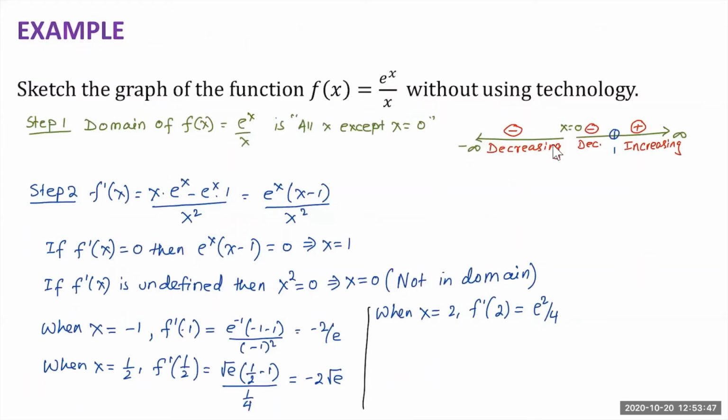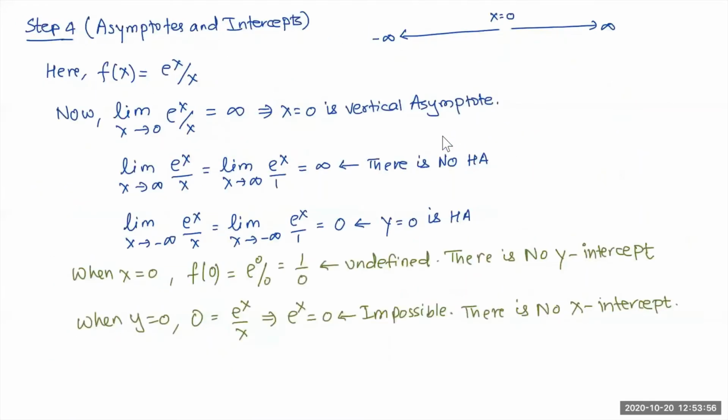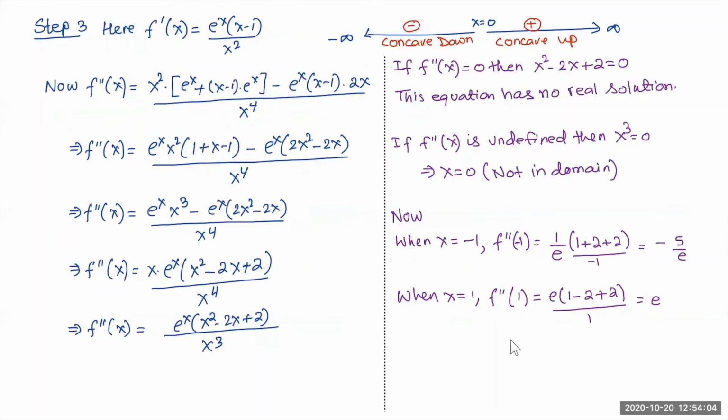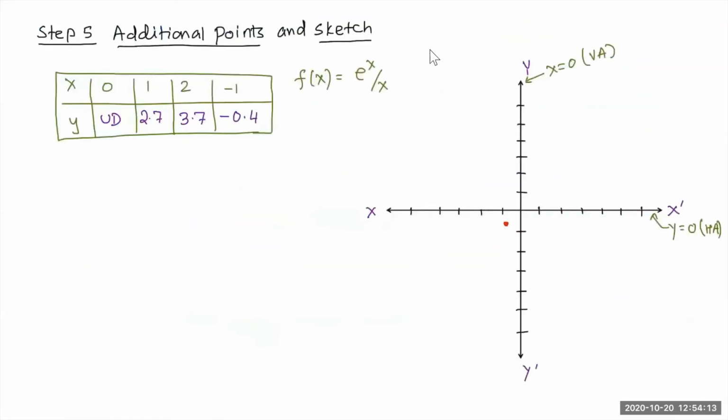For all values less than 0, the graph is decreasing. That means when you go from left to right, the graph is going down. And also, in the same interval, from negative infinity up to 0, the graph is concave down. It is facing down and decreasing.